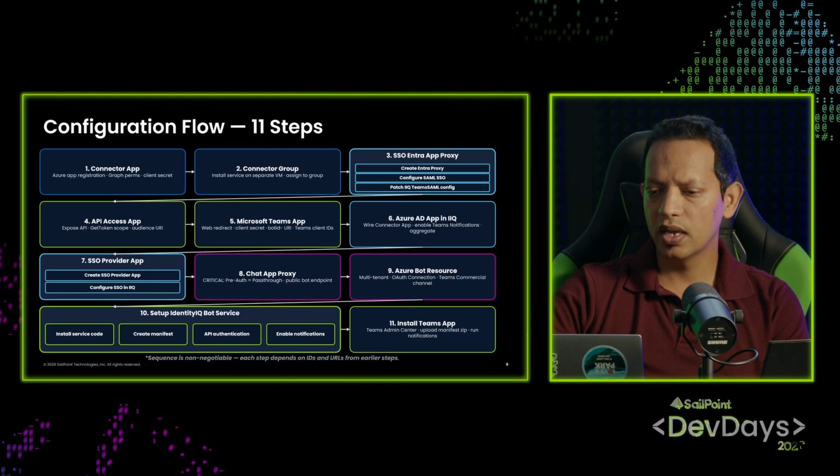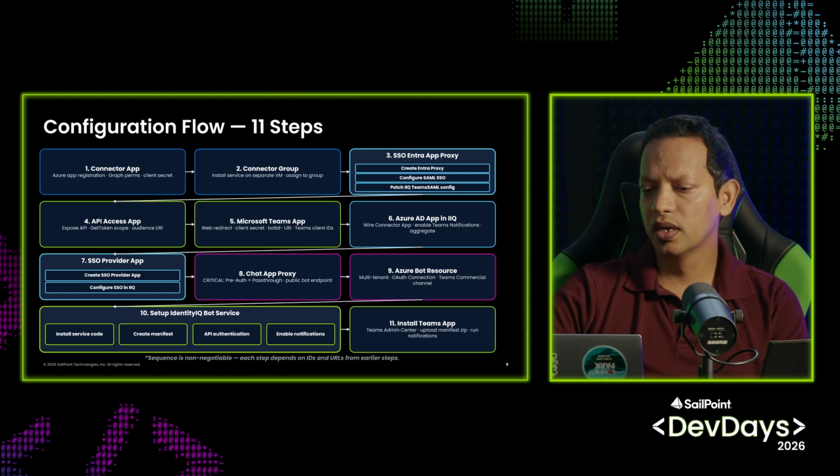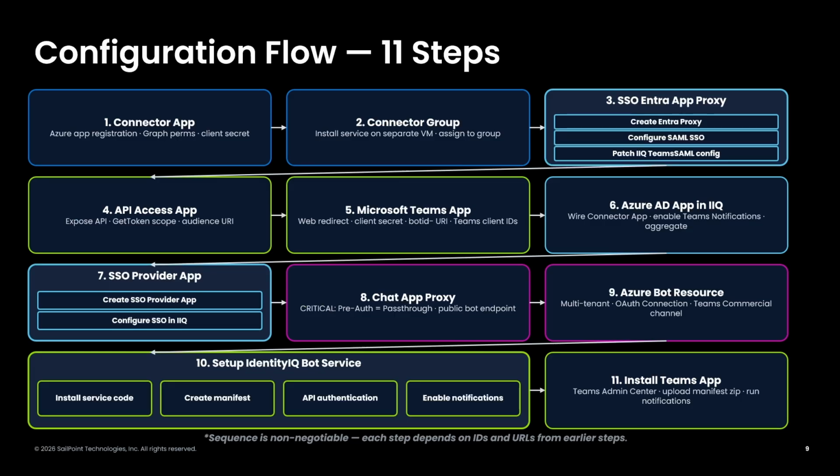Whatever you configure within this Access app, you also configure in IIQ, where you have an authentication configuration in which you specify the same configuration between the API Access app and IIQ.